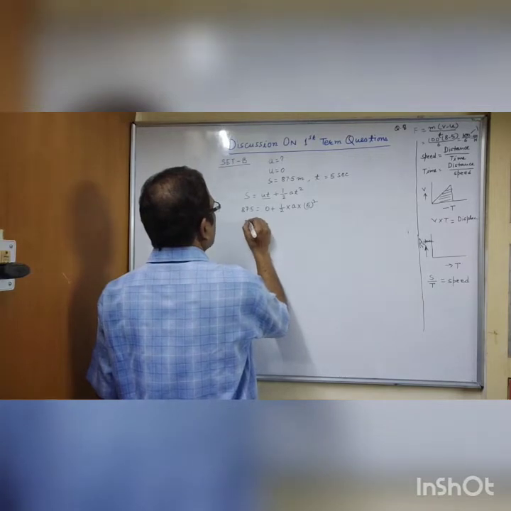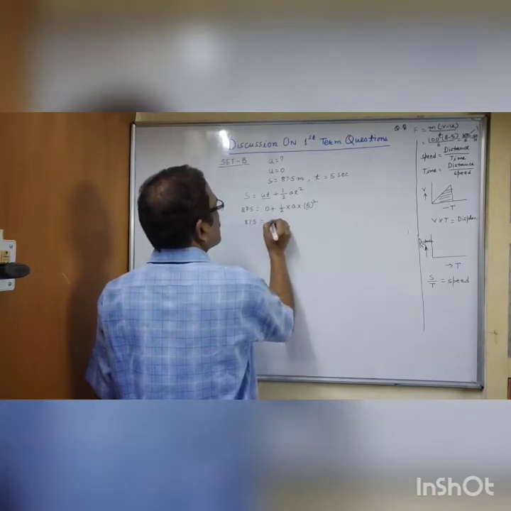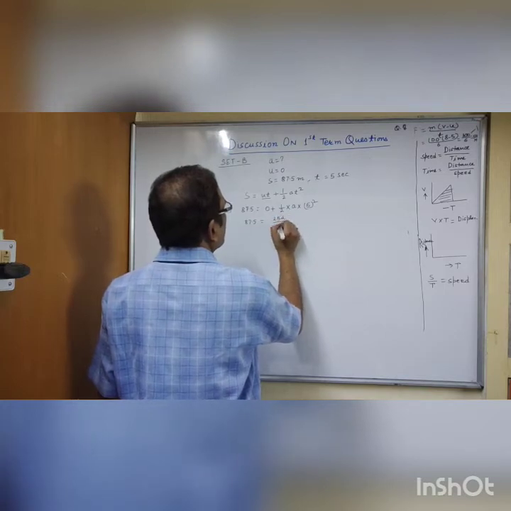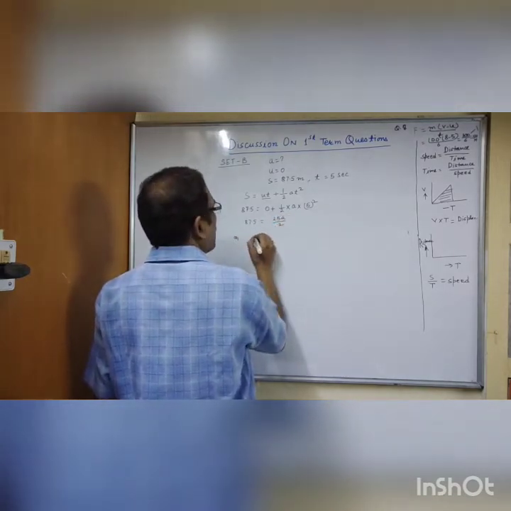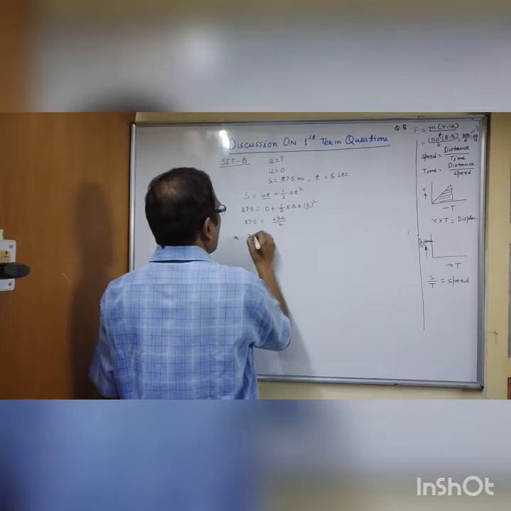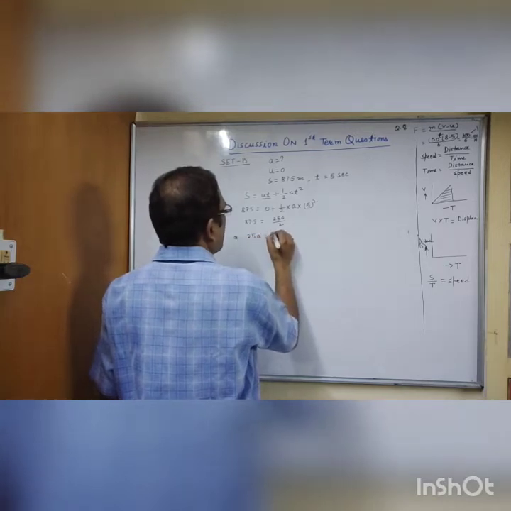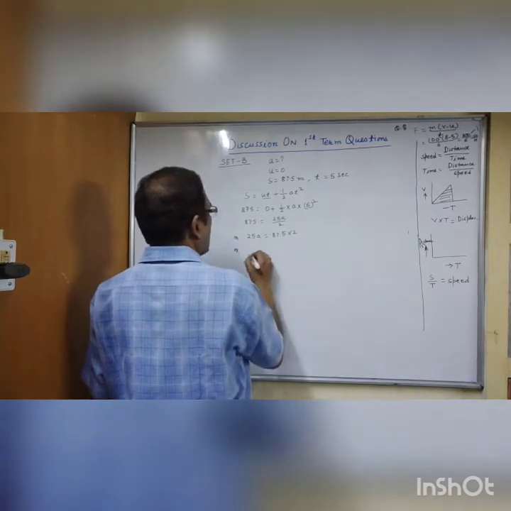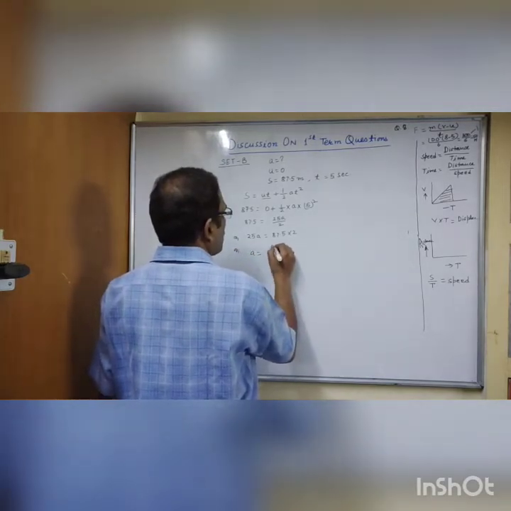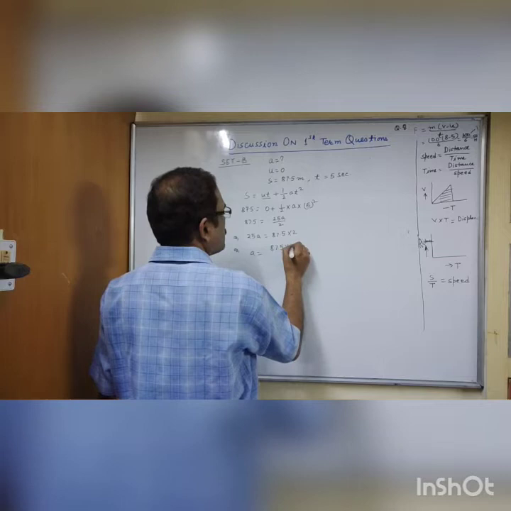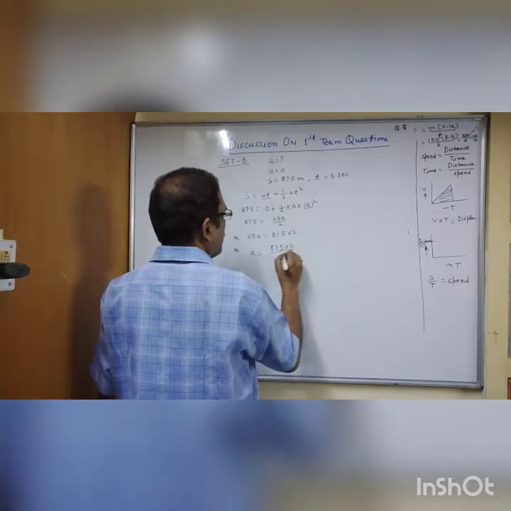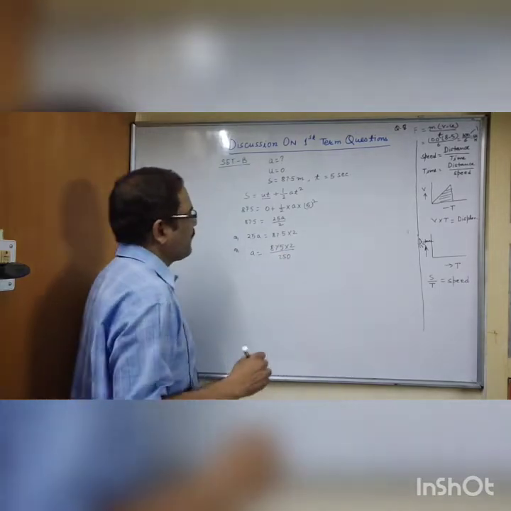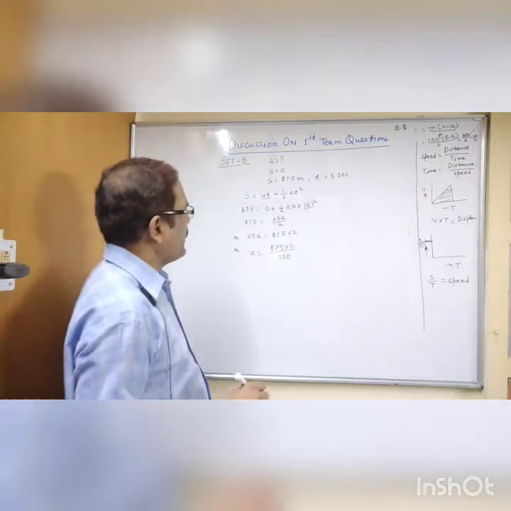So 87.5 is equal to 25a by 2, or we can write 25a is equal to 87.5 into 2, or a is equal to 87.5 into 2 by 25. So remove this decimal and put a 0 here. Now simplify it.